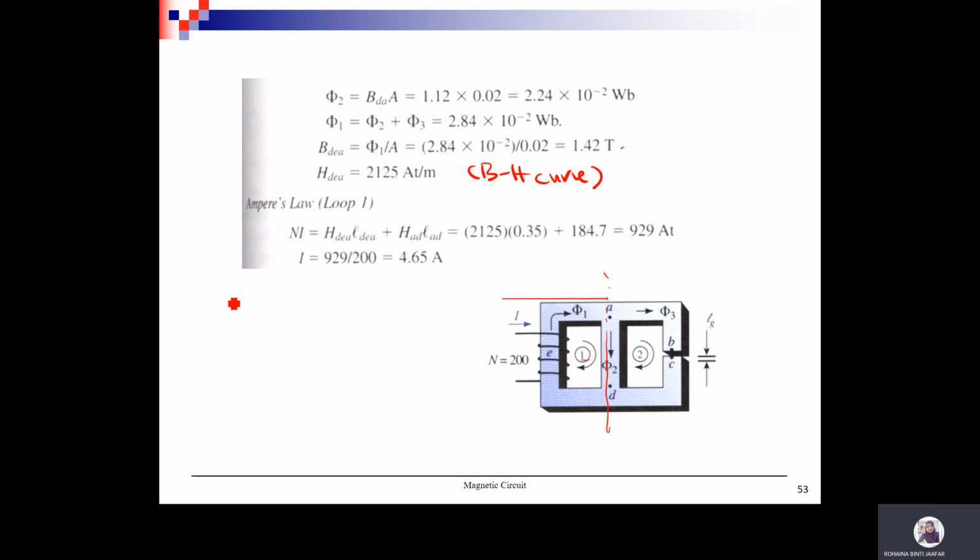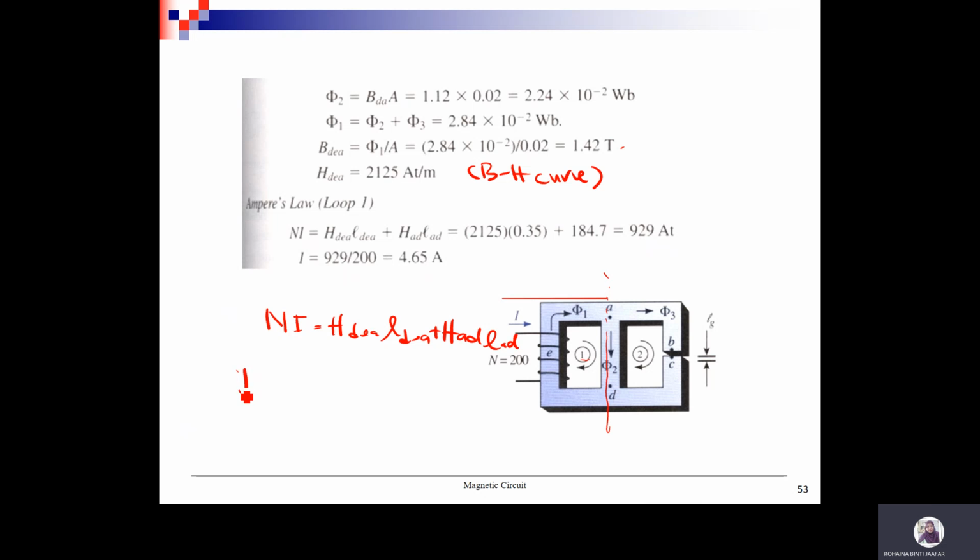Okay, how to get I? I equals Ni over your number of turns. So Ni equals HDEA LDEA plus HAD LAD.